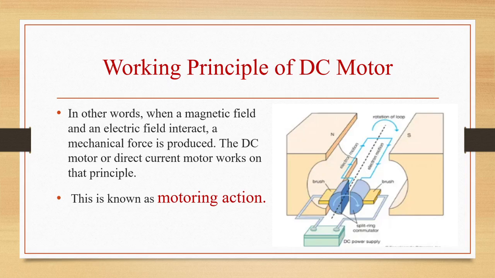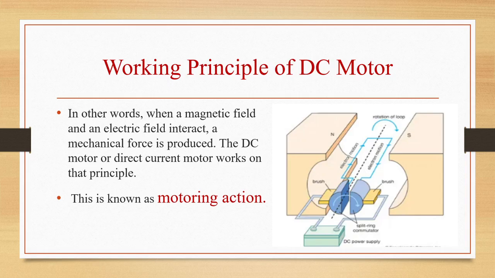and the DC motor or direct current motor will work on this principle. This is called motoring action. What is motoring action? When we see the construction of a DC machine, whether it is a generator or motor, it will be the same.